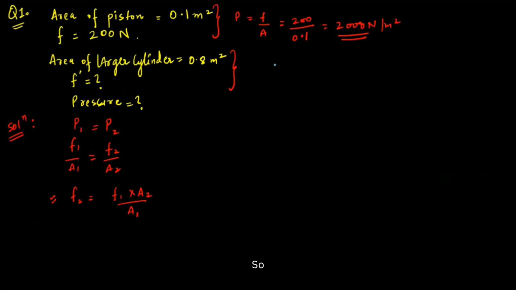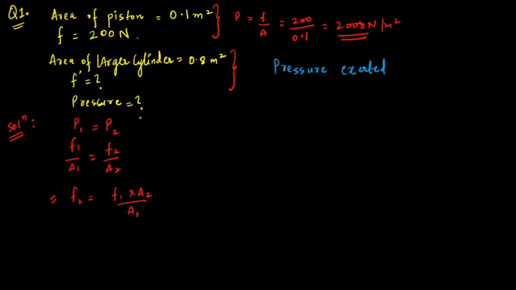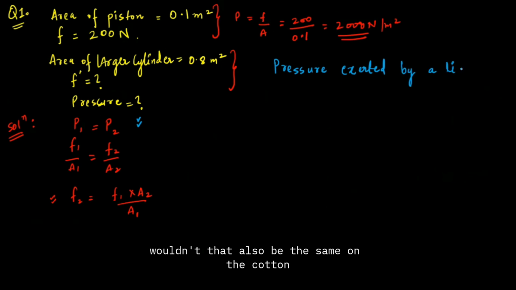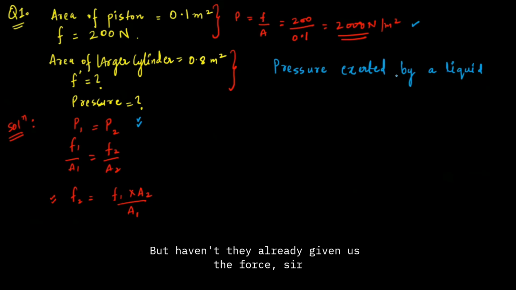Okay, so when we had to find the force, that was the force for the second piston, right, sir? Yes. So the pressure exerted would also be the same on the cotton? Yes, pressure is the same, but we have to find the force.